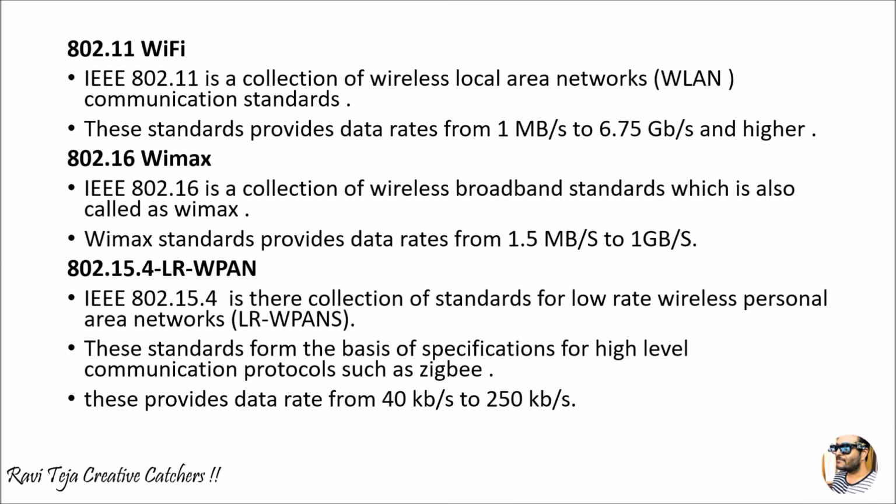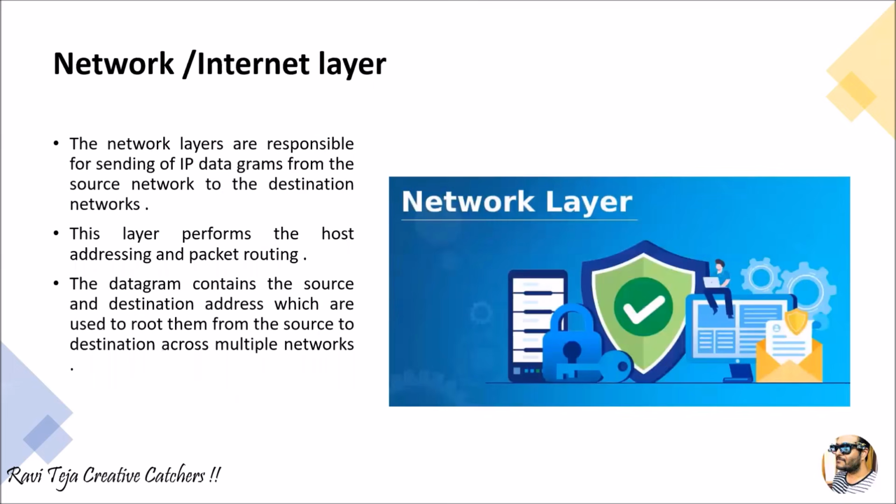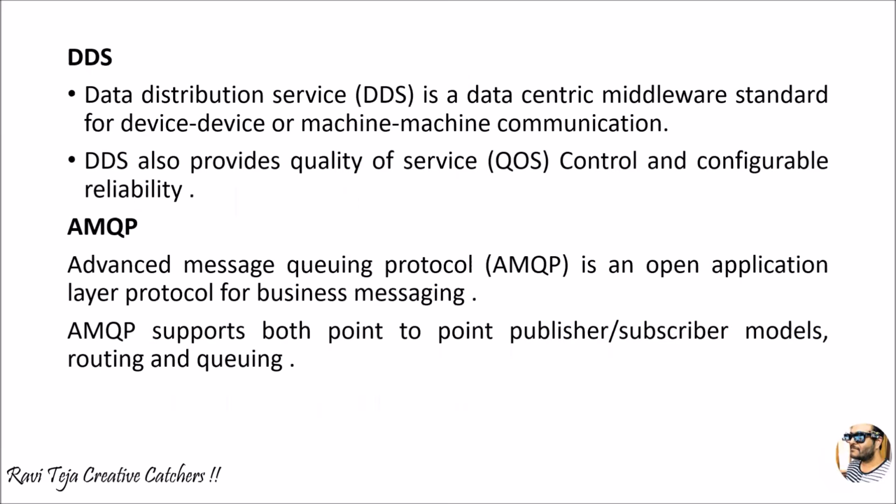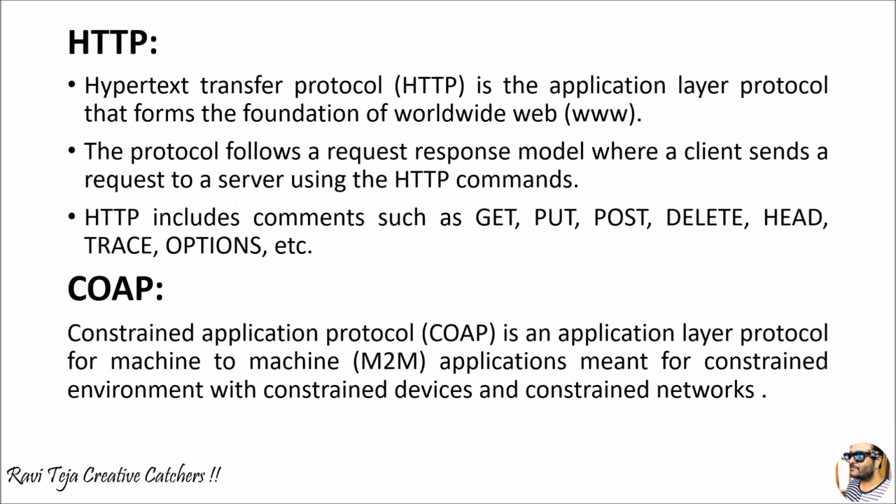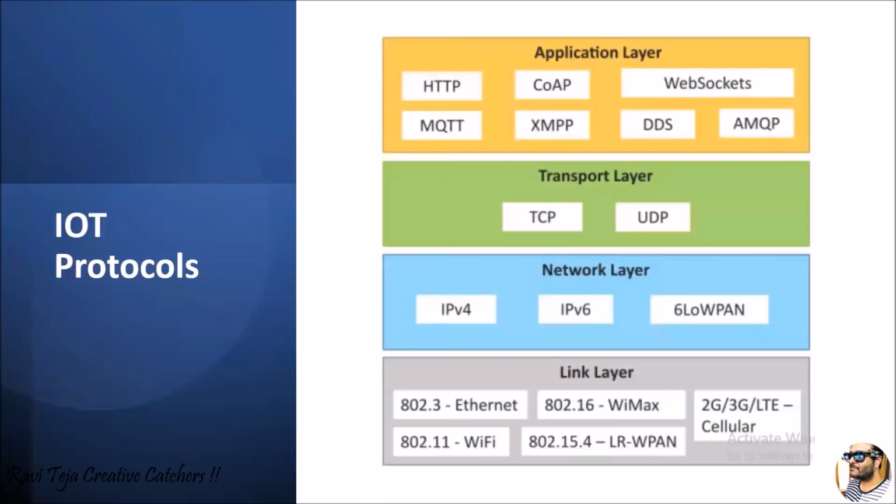These standards form the basic specifications for the communication protocol, for modules like Zigbee. The data rate is also very low, varying from 40 KB per second to 250 KB per second. This is what varies across the link layer, network or internet layer, transport layer, and application layer.